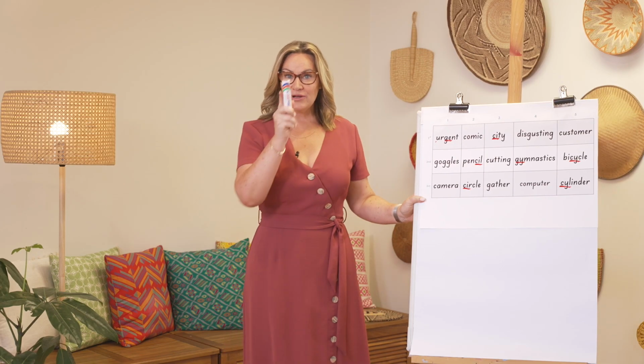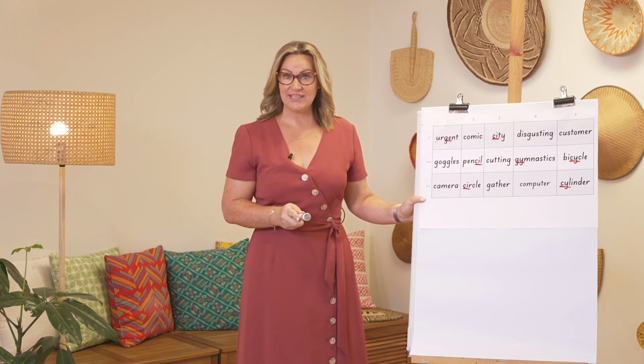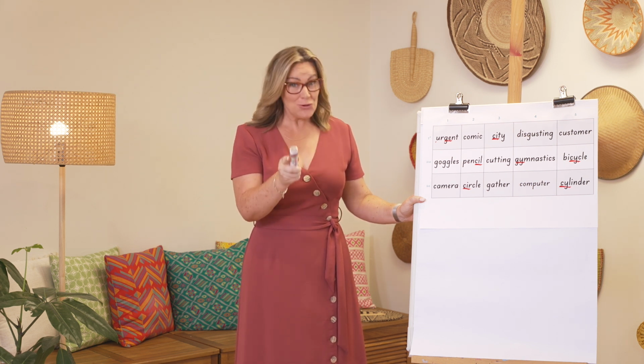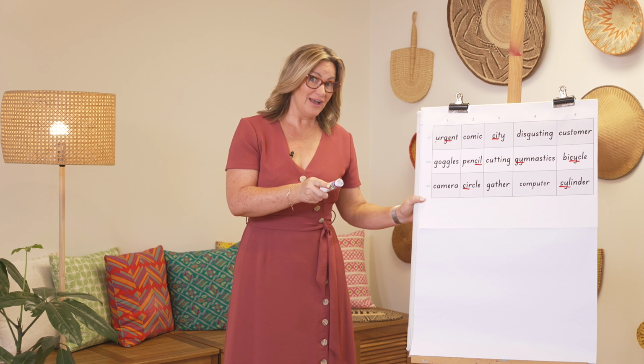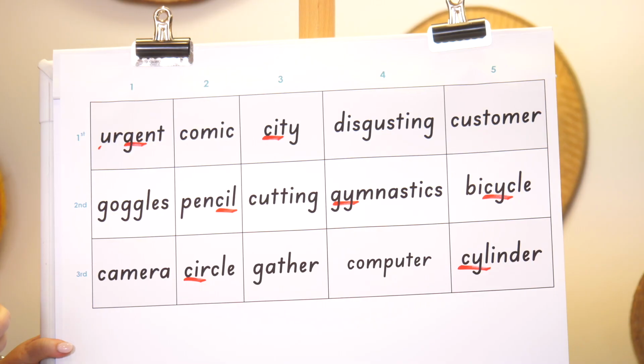Okay, I'm going to give you a row and I would like you to read through those words as quick as you can, accurately. So don't go too fast that you don't get your pronunciation right, but quicker than we just were. Let's start with row 3. Go.